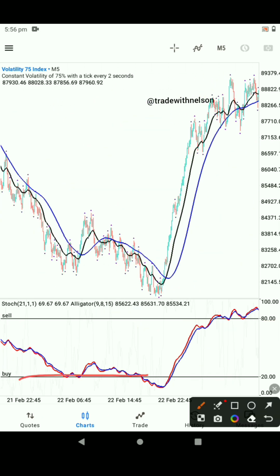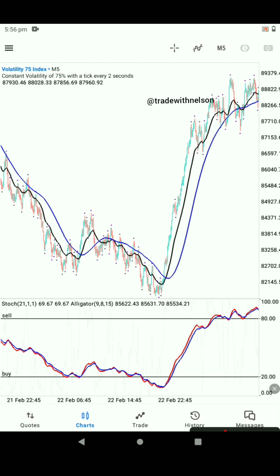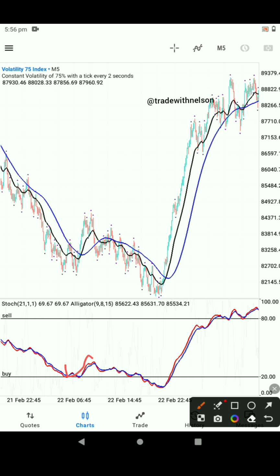For the buy scenario, what are you looking for? You want to see the alligator lines deep into the stochastic oscillator inside the 20 level, which is telling us that the market is oversold. So you see over here, it touches the level, goes up. So you are not entering when it touches, you are only focusing on when it dips inside the stochastic oscillator.